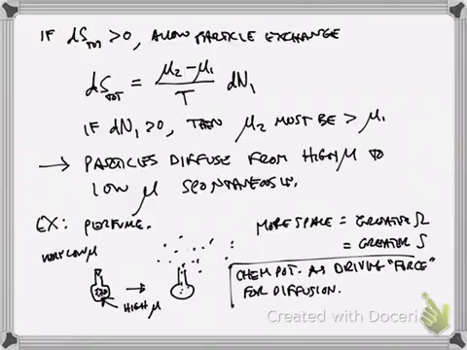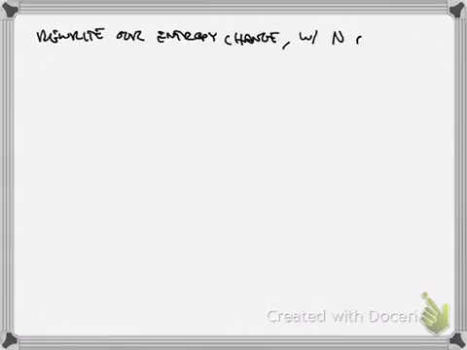Another way of thinking about the chemical potential is to rewrite our entropy change again, with N this time. What was the entropy change of some system, I'll drop the subscript for clarity, we can say dS, if we let the system exchange energy and volume and particles.